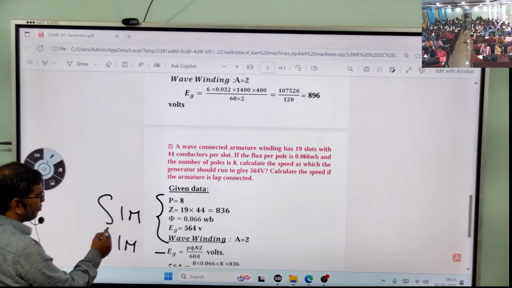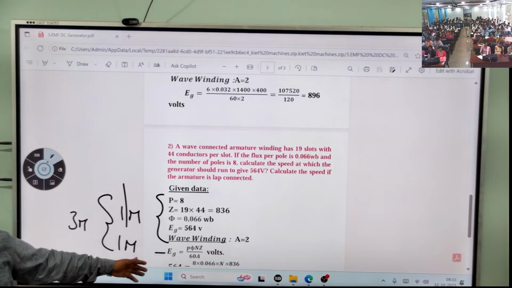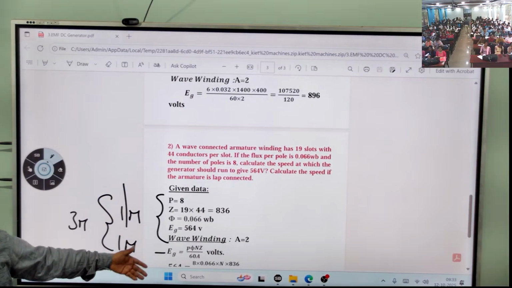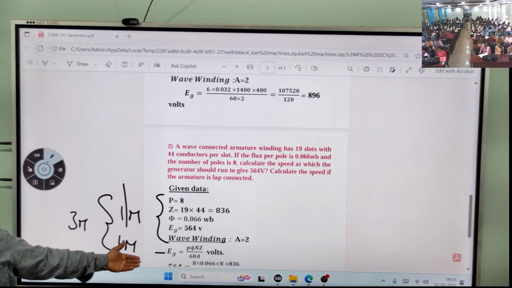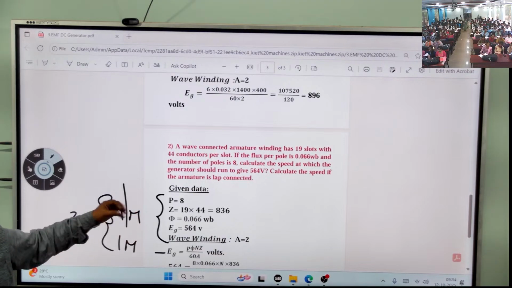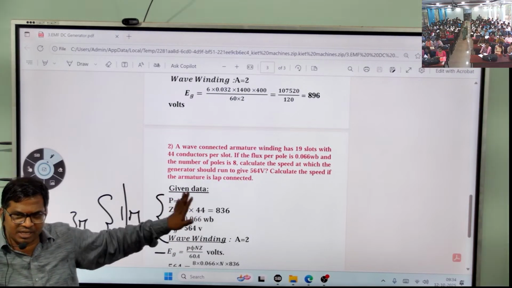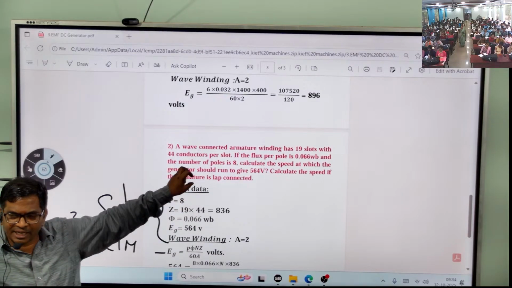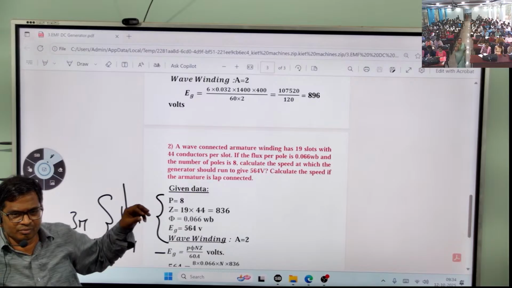Otherwise these are 3 marks. For substitution and getting the correct answer you will get the remaining 4 marks. Simple. So if you are unable to solve this problem, don't leave it. Write down at least something. Pick the data from the question.